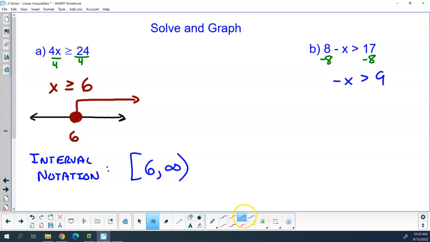Now, that's the kicker, because now here we are dividing by a negative. We could have also multiplied here by negative 1, but that's the kicker. So my greater than symbol now becomes a less than symbol.